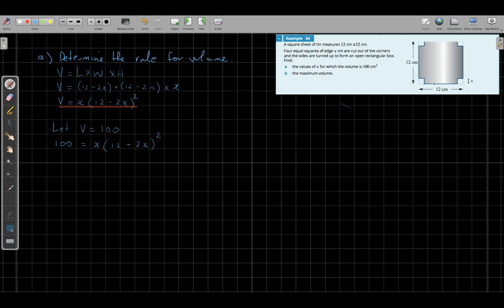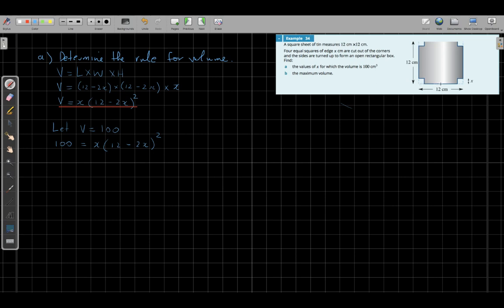Now, if x increased to halfway along, which is 6, then there'd be no base, would there? If I cut out big cutouts like that, there'd be 4 of them that were 6 by 6 centimetres, then the box would cease to exist. You just end up with 4 squares of metal, no box. So the upper value of x is going to be 6 centimetres.